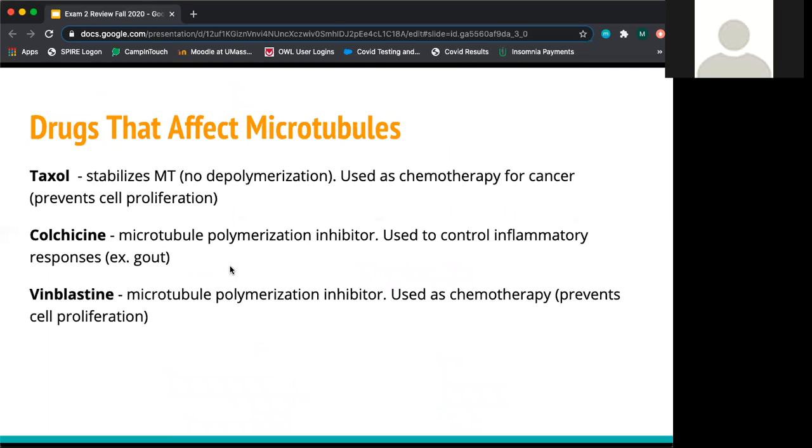So here are just some examples of different drugs that affect microtubules. So there's Taxol, which causes the microtubules to no longer depolymerize. And sometimes it's used as cancer chemotherapy. And it prevents cells from proliferating, so like dividing.